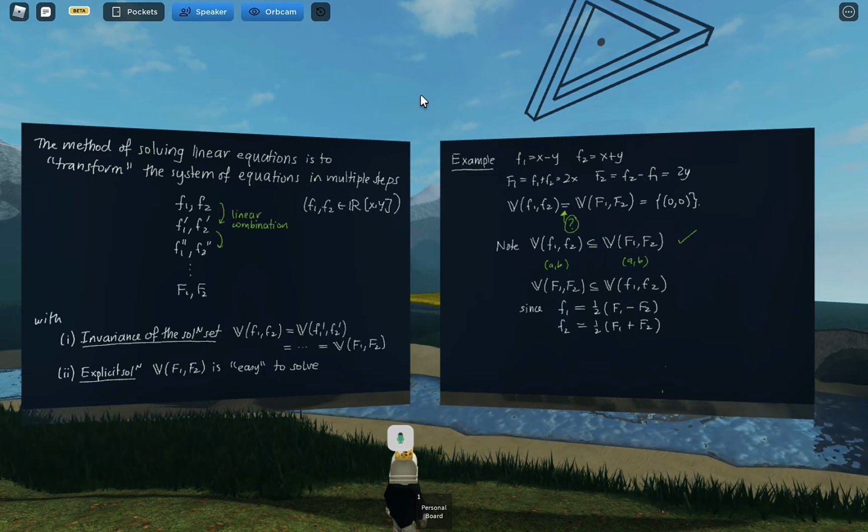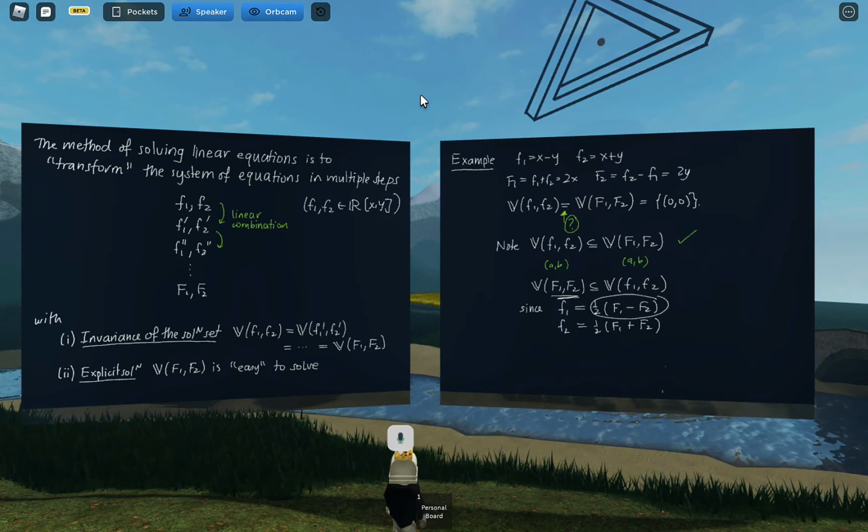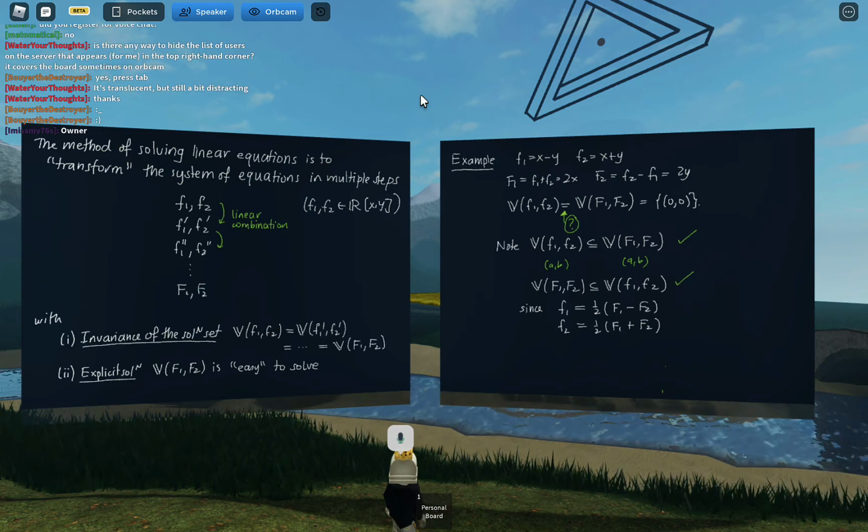And then we can just run the logic in the reverse direction, right? If (A, B) is a solution of F1, F2, then substituting on the right-hand side, I'll get F1 is 0, and similarly for F2. So I get this inclusion. Okay, and if I have the inclusion both ways, then the two sets have to be equal.